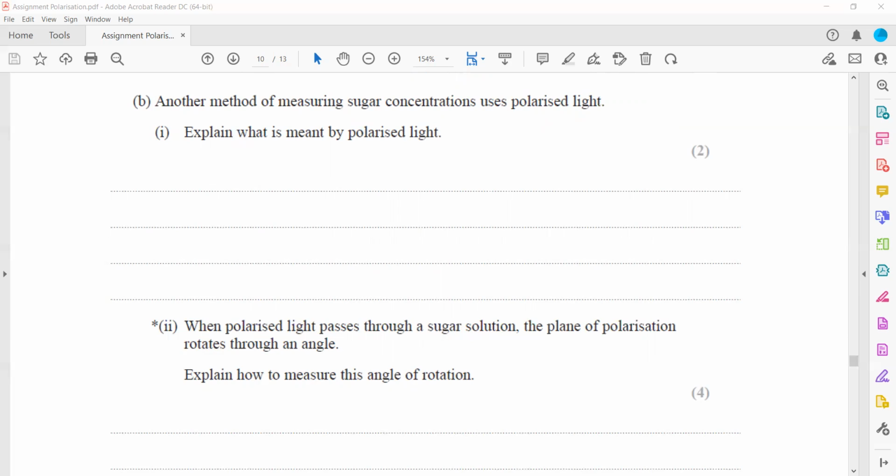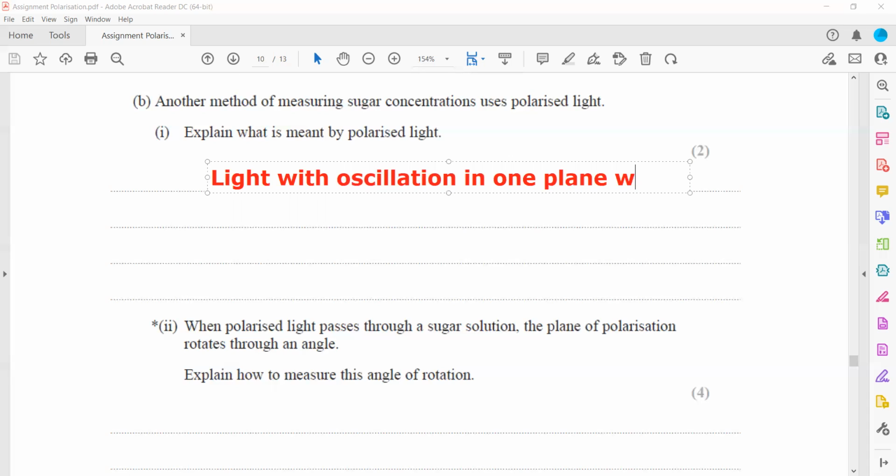If I use the term plane, then light with oscillation in one plane which includes the direction of travel.